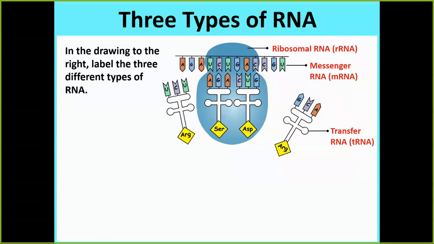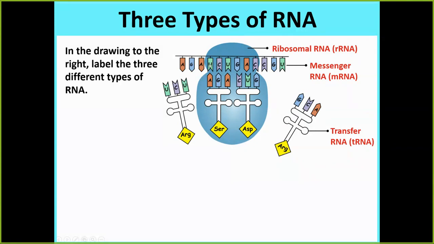The first thing I want you to do is find this diagram. I don't know if the digital copy came out better than the paper copy that I did for my live students, but you do have this diagram somewhere in your notes.